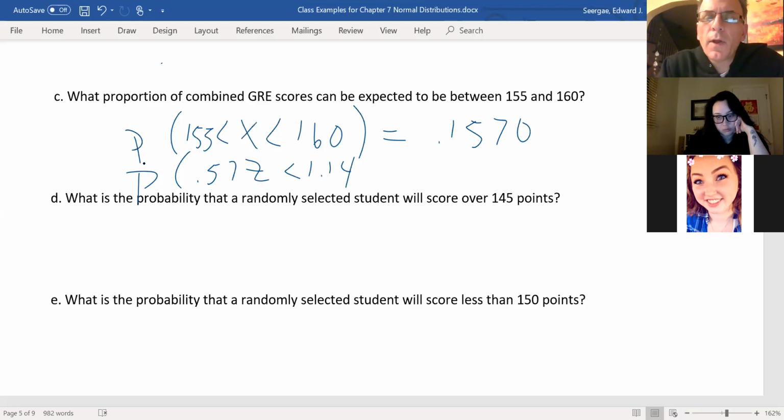So 0.57 was the Z-score for 155, and 1.14 was the Z-score for 160. Now, how can we use our table for this? I'm going to show you real quick. We're going to find both the proportions for both 0.57 and for 1.14.